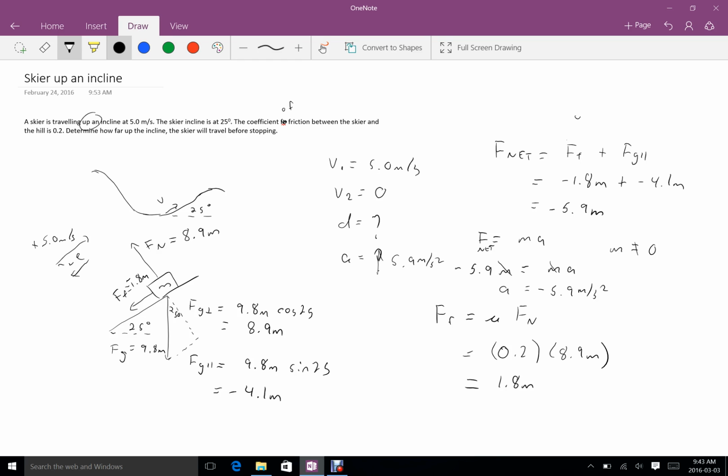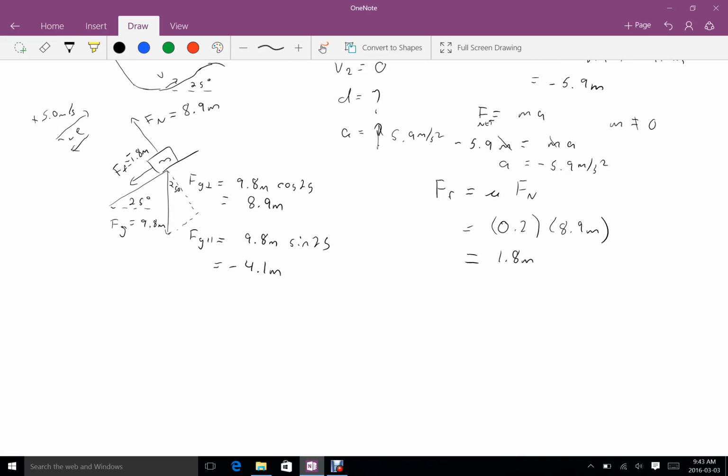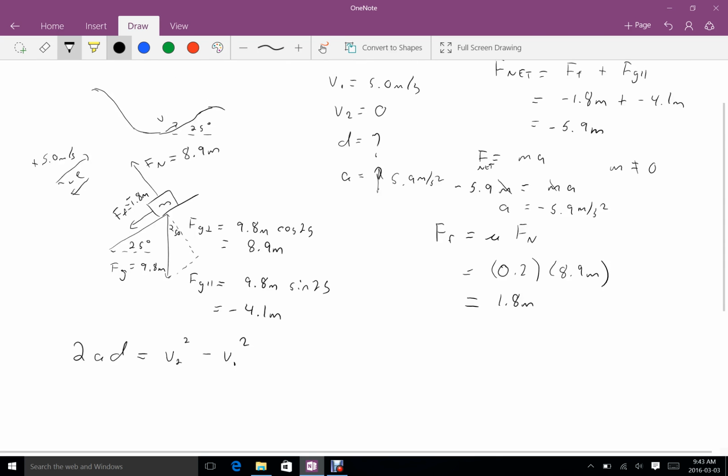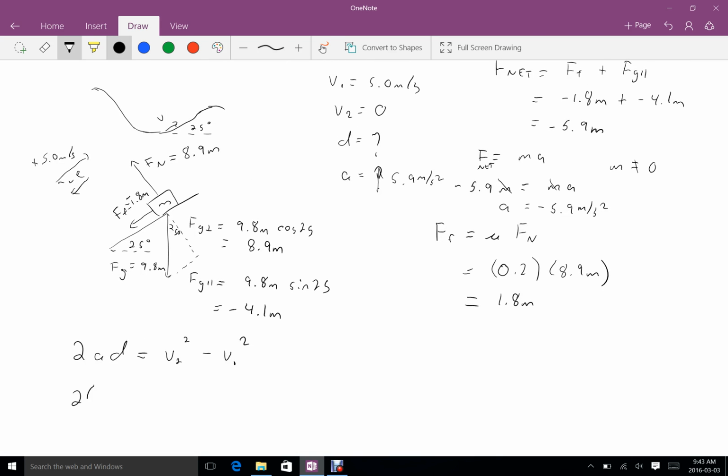Just ran out of room on my page, so I'm just going to slide up here. And recognize then that the equation that relates all the things that I have to the thing I want is 2AD equals V2 squared minus V1 squared. So 2 times negative 5.9 meters per second squared d equals, I want to come to rest from a velocity of 5 meters per second.